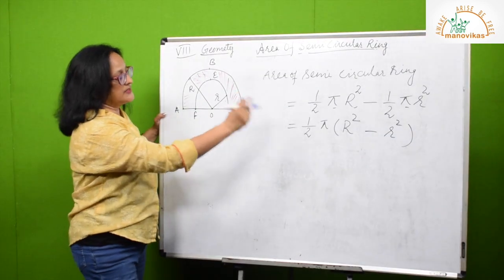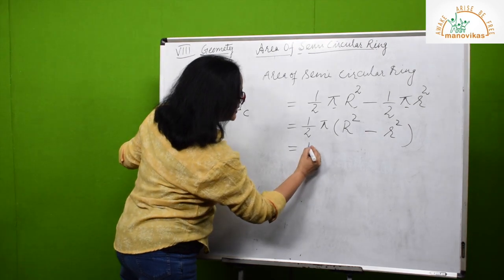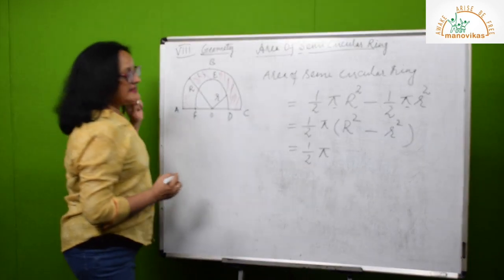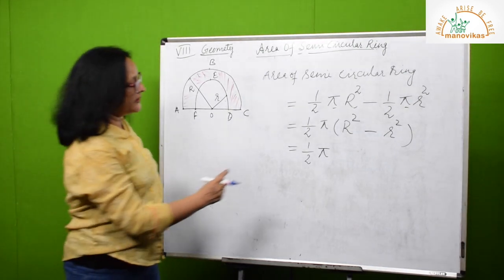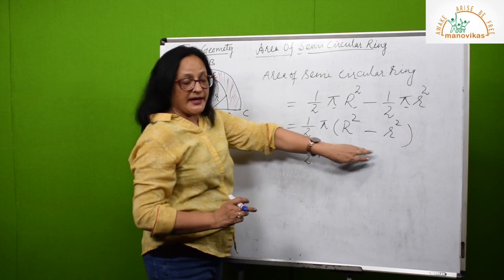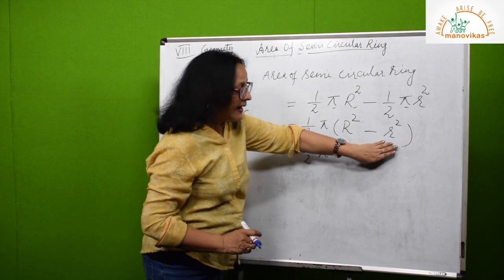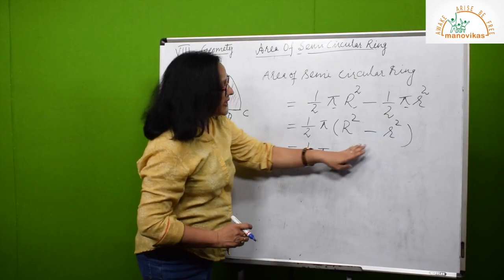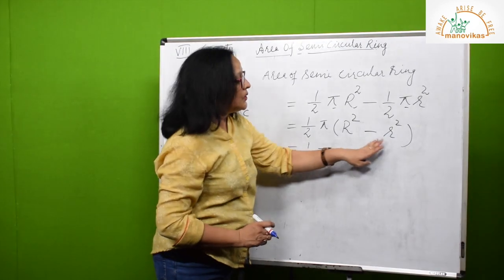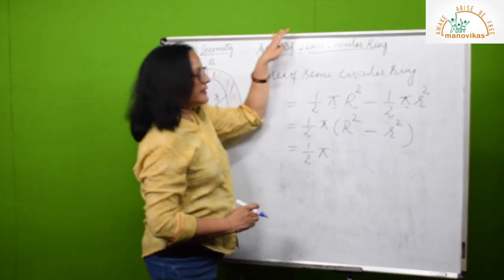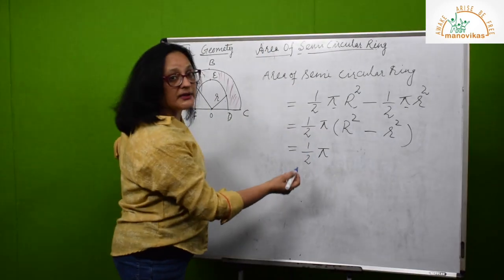We can simplify it further. Why are we simplifying it further? It makes your calculation easier. Now here you can see capital R square minus small r square. If the values of capital R and small r are big, it will be difficult to do the calculation. So here we can apply the identity from algebra.